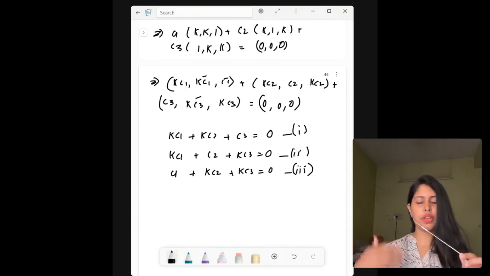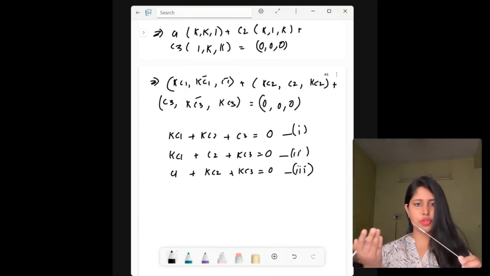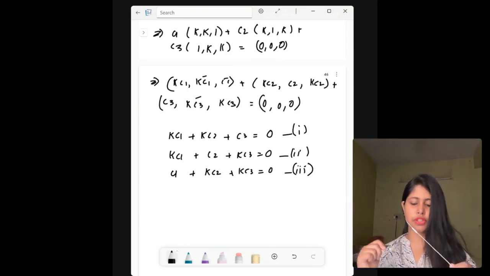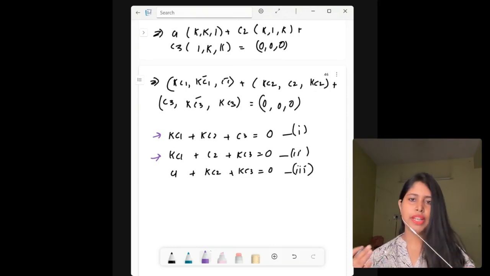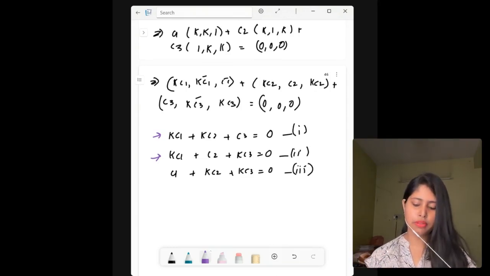Now next, what is the step? Here we have only three linear equations, right? So now we need to solve it. What is our first approach? We can see that this kc1 and kc1 will get cancelled, so we can subtract 2 from 1, right?